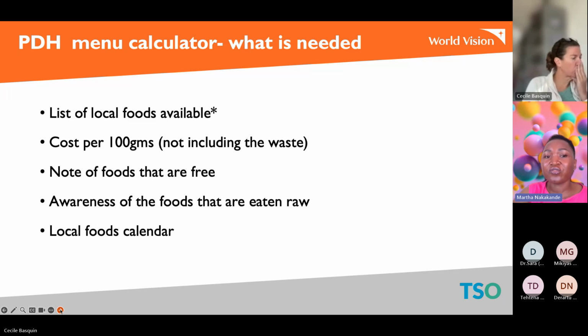You also need to be sure which of the foods they eat raw and which ones they eat cooked, because what I eat cooked may not be what my neighbor eats cooked. And then it's important that you know the local foods calendar, like the seasonality of the foods. Do we have injera 24/7, 365 days? Or are there times when the injera becomes expensive and we have to maybe consume rice or something like that?